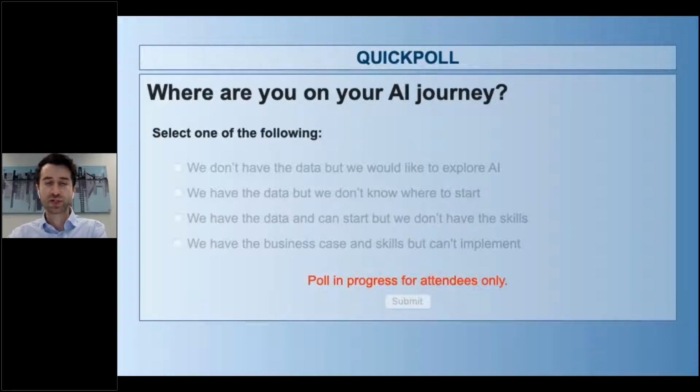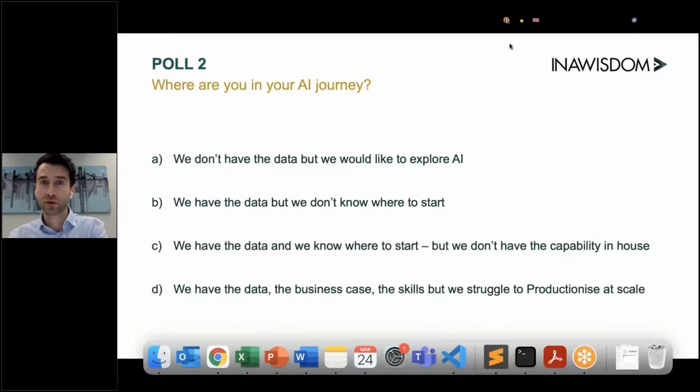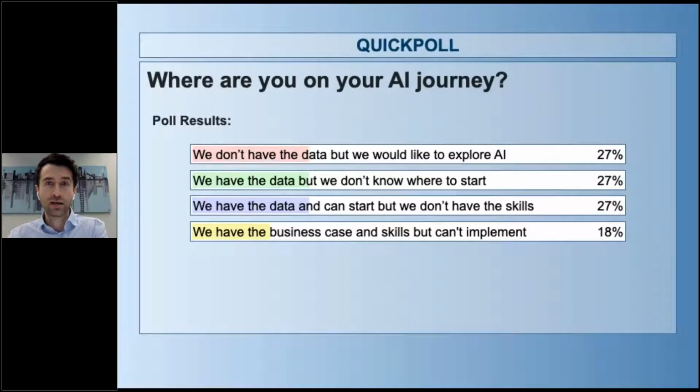In general, we've seen more and more businesses starting that journey. So we are curious to where you are and understand how you envisage it. Okay, the audience is split.